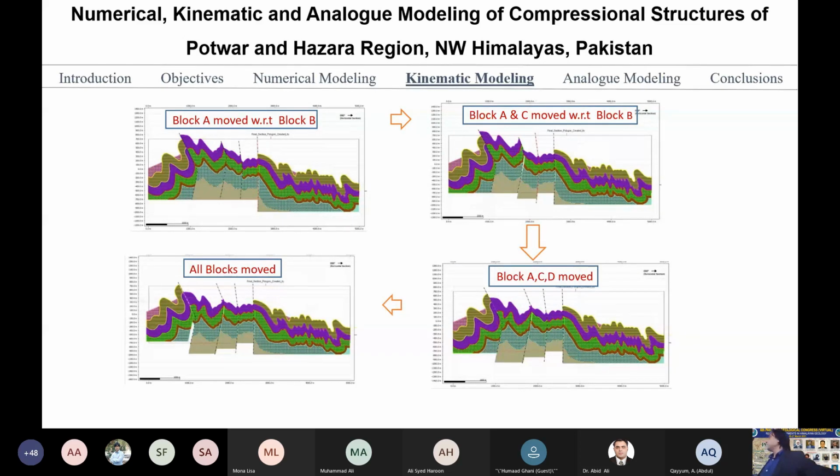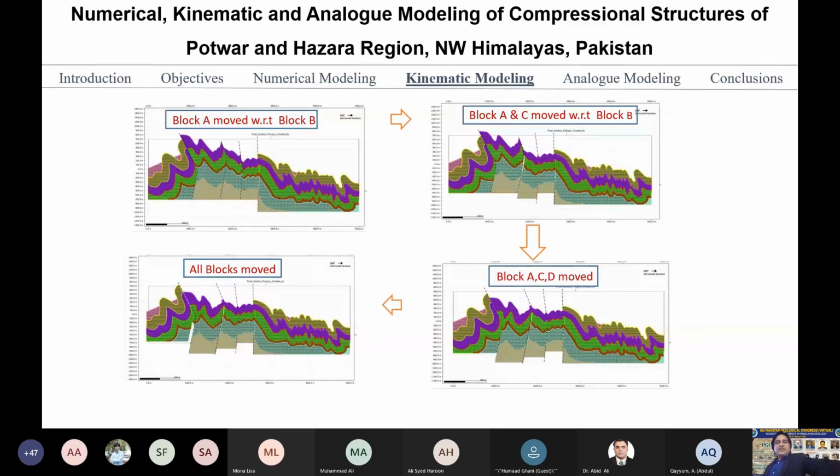In the upper left corner, you can see block A is restored. If you take a marker bed as the green one, we can see that if we move fault block A downward, it combines with this green bed over here.